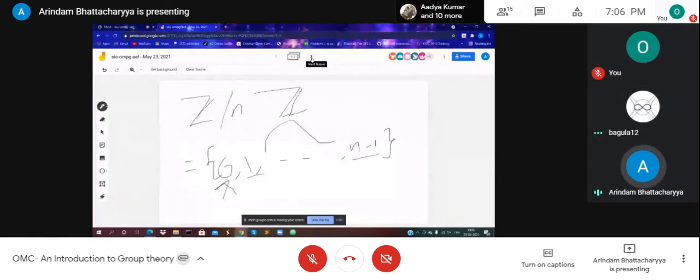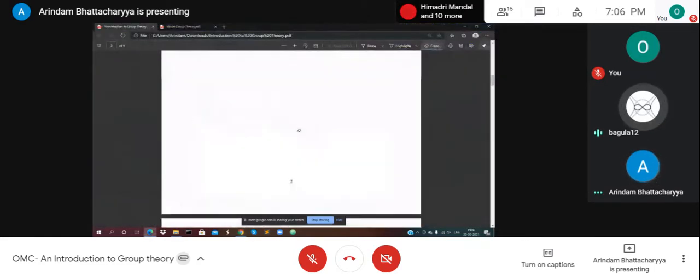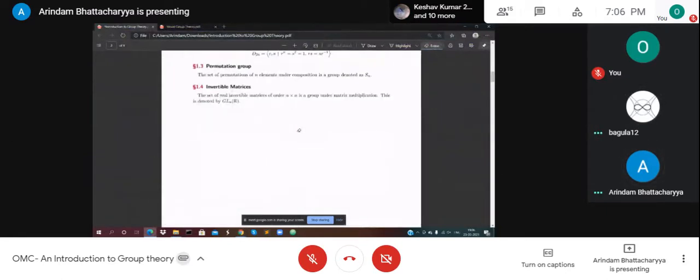So for now, think of it as the elements 0, 1 up to n minus 1, only those elements which are co-prime to n, under multiplication modulo n. Okay. We will get into the equivalence class thing in a bit. It can be viewed as equivalence classes of some relation. Yes, I have seen it like that only. That's why I asked the question.